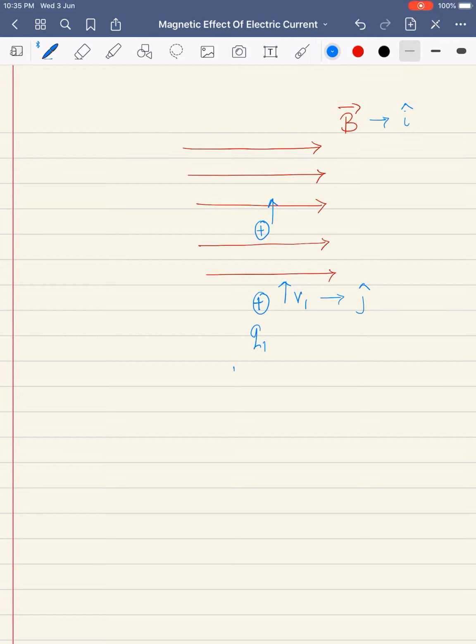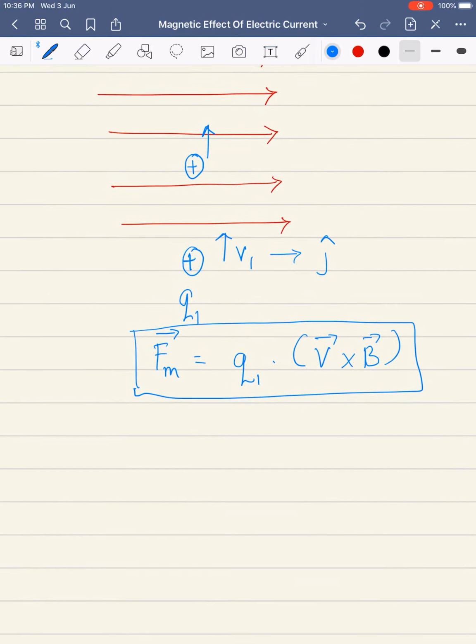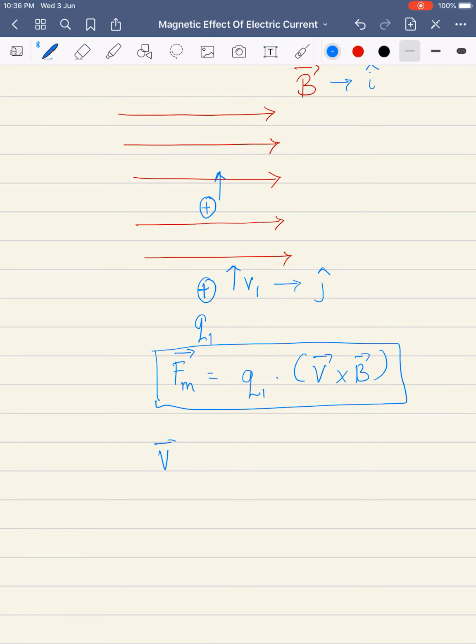So when I say about the magnetic force, we write it as the charge into velocity vector cross magnetic field. Because force is a vector quantity, so the order matters, it is a vector product. So what does that v cross B indicate? V cross B means velocity is along j and magnetic field is along i.